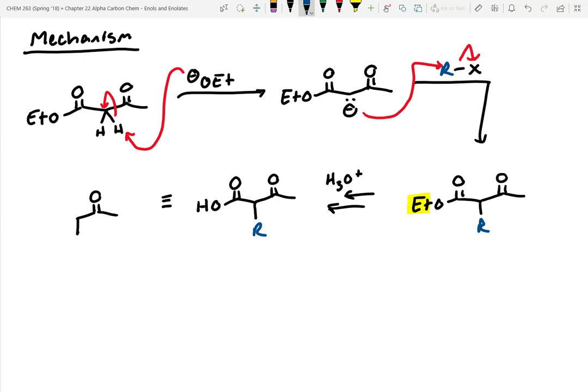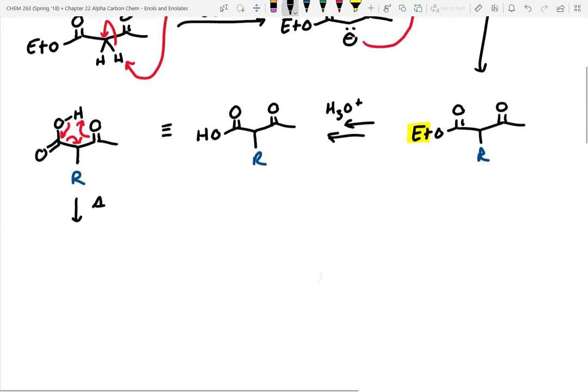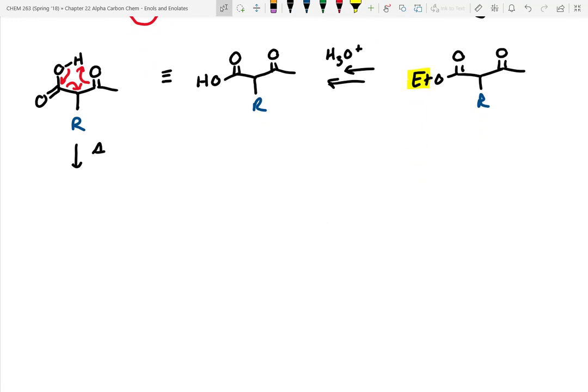So we've got this R group dangling off here. This time I've got my carboxylic acid with that intramolecular H bond that we know is favorable. And in the next step, this is going to clamp down like this. And the decarboxylation occurs under high temperature conditions.